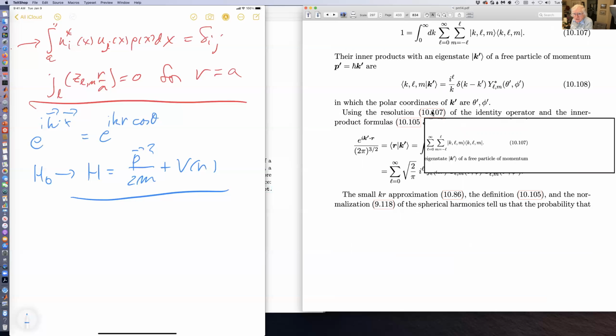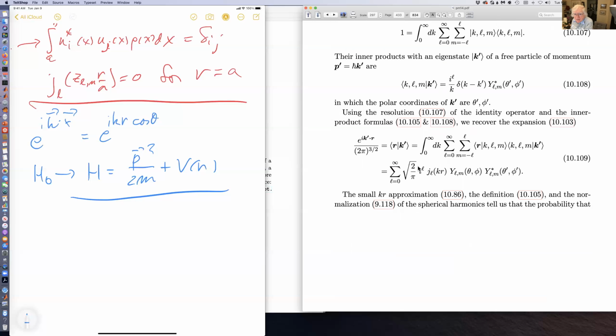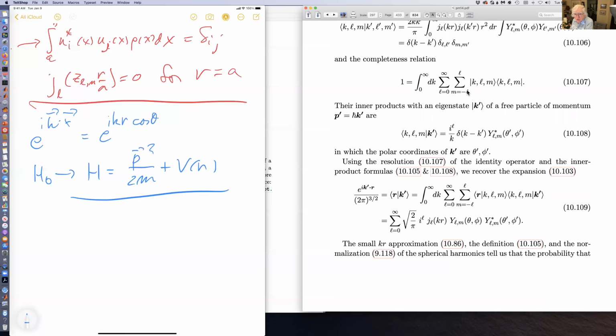If we use this delta function, which is just that, we can take that expression and stick it in here. In other words, what we have here is e to the i k prime dot r prime over 2 pi to the 3/2.